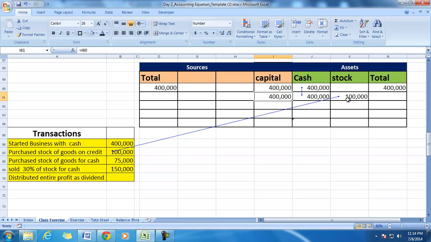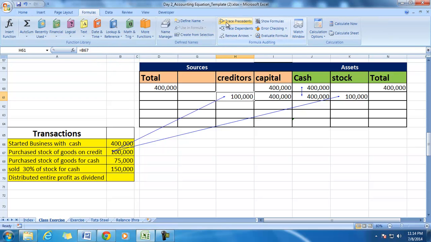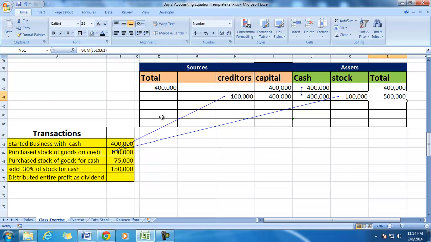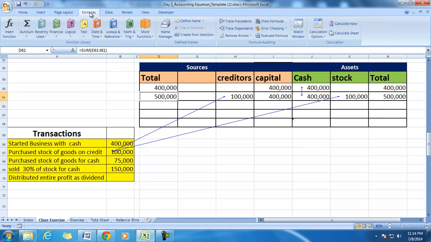No change in the capital. However, there is another source, and the source is 100,000, which is a creditor. So the increase in the assets here resulted in the creation of a creditor. The total of the sources equals the total of the assets, again 500,000. So after every transaction we can see that S is equal to A.